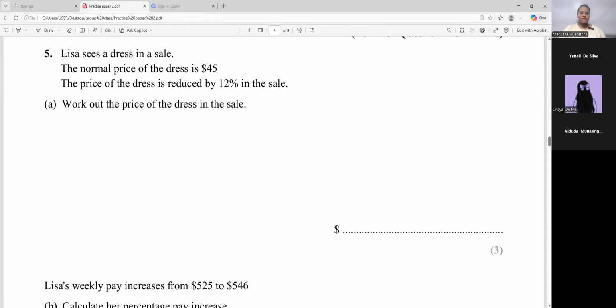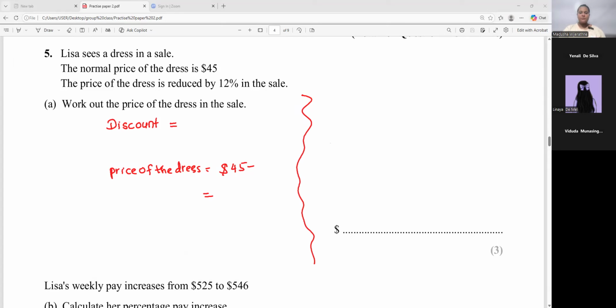So we can find the discount amount first, then the price of the dress after the discount: $45 minus this discount. This is one method. Or we can do this straight using this formula.